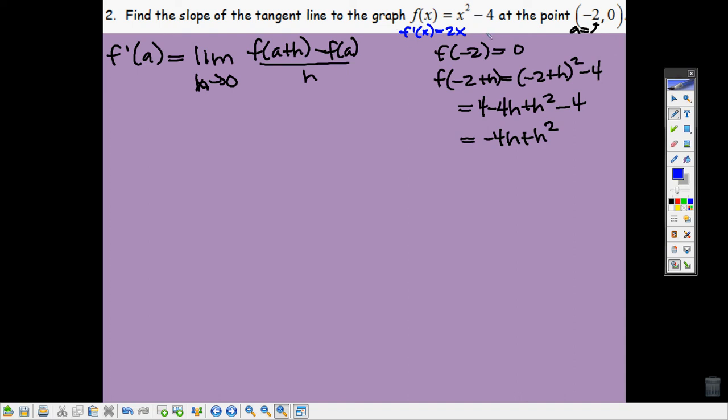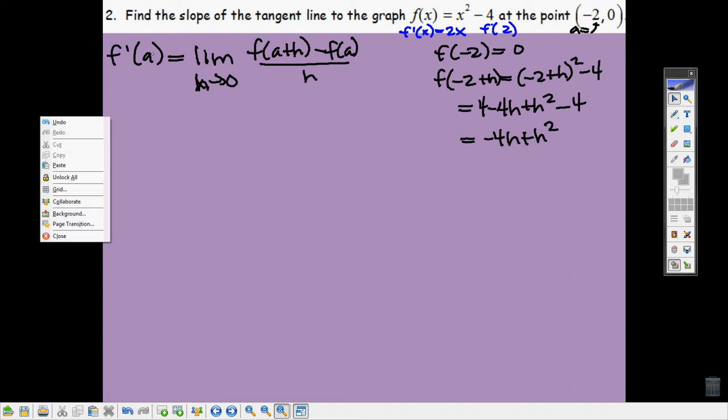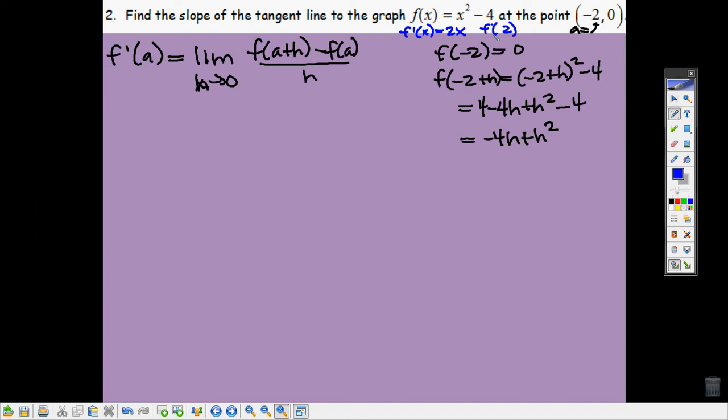So that would mean f prime of negative 2, which is exactly what we're saying, f prime of a, right? And 2 times negative 2 is negative 4. So that should be the output that I expect to get with the limit definition.